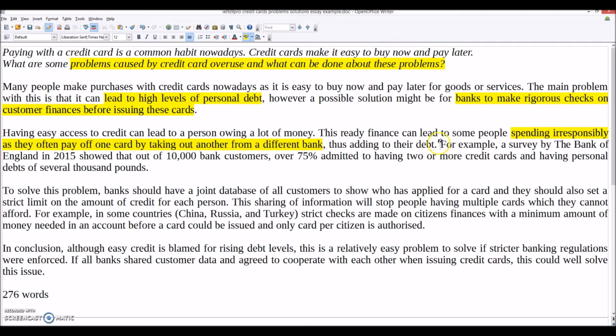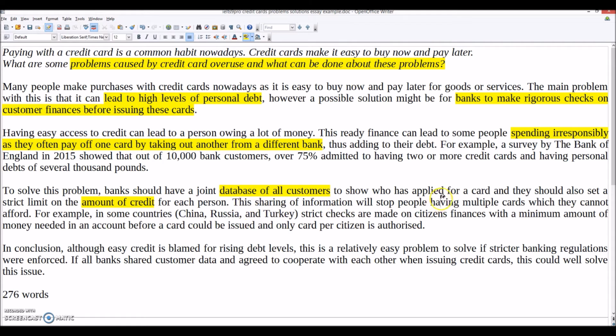Okay, then a specific example. A survey showed over 75% admitted to having 2 or more cards and having personal debts of several £1,000s. Okay, good. So to solve this problem, what can be done? Banks should have a database of customers to show who has applied for a card and set a limit on credit for each person.